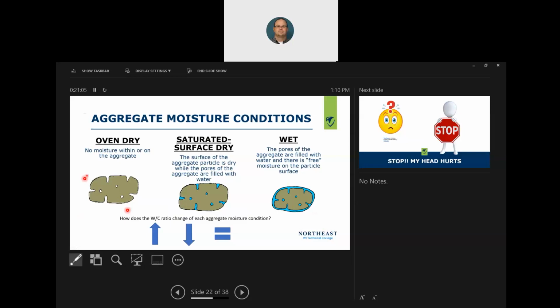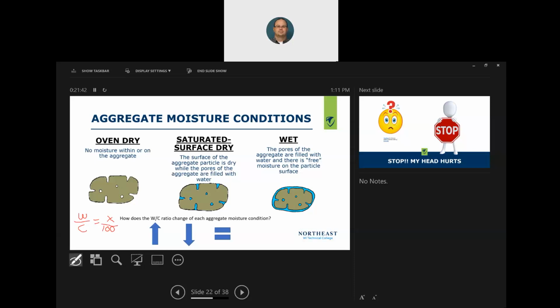Say our aggregates are oven dry, which is never going to happen in the concrete world because our aggregate stockpiles are always outside. If I have a given amount of cement and a given amount of water, let's say we have 100 pounds of cement on a per cubic basis, and the water is the variable that's going to change.